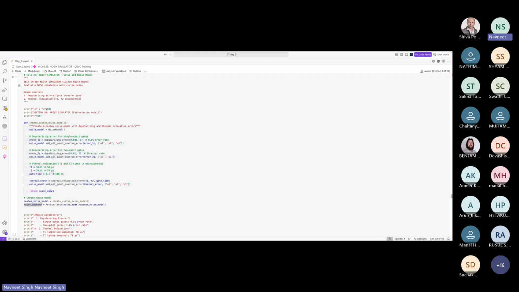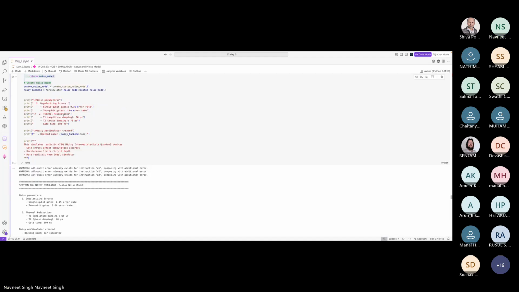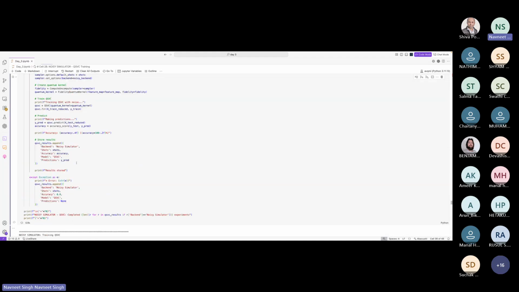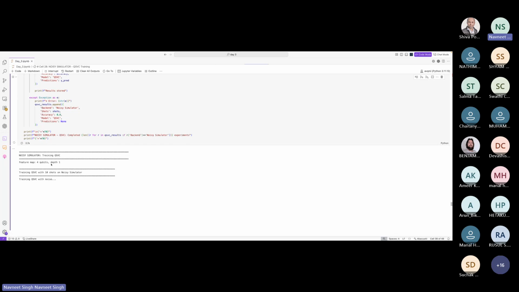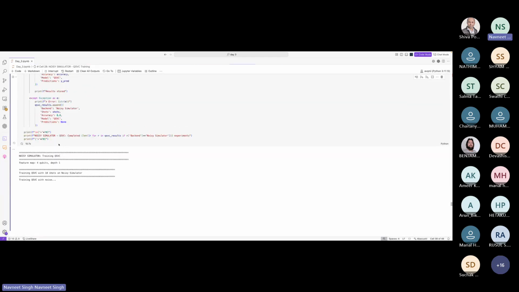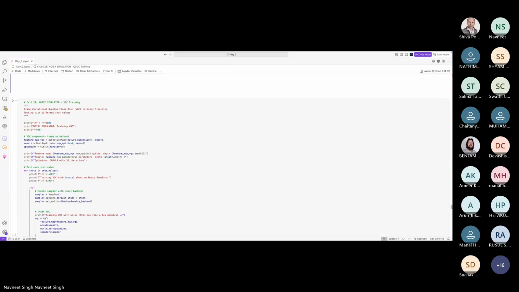I need to run this first. Then, yeah, it started now. It will take more than 2 minutes for sure, even though we have fewer layers and everything.